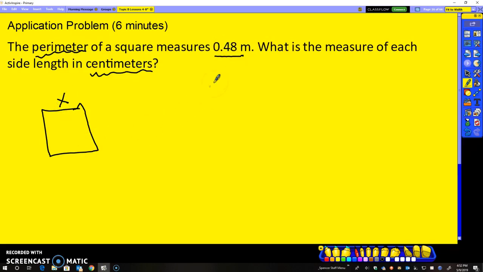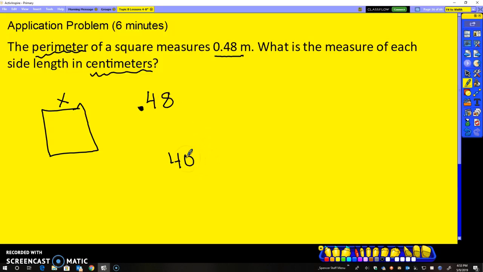So my 0.48 needs to be split into 4 different sides. If I think about some fast facts that might help me get here, I know that 4 goes in 10 times, but that's only 40, and it can go in 2 more times.